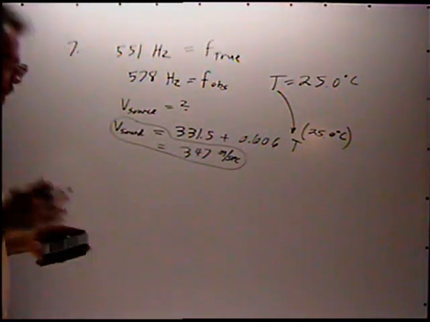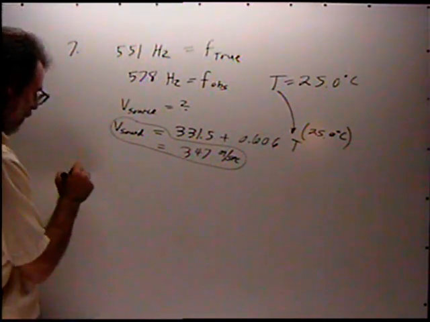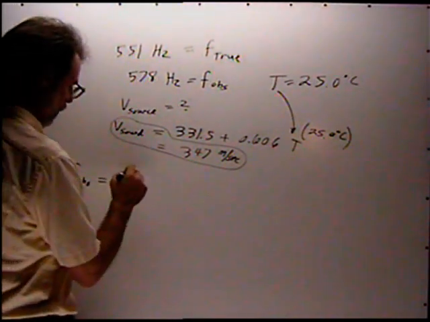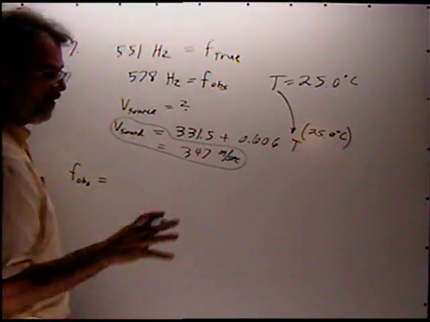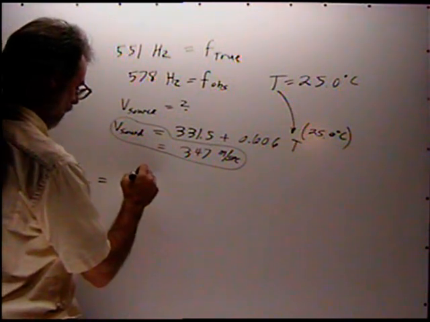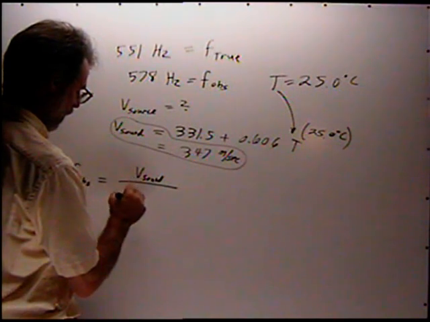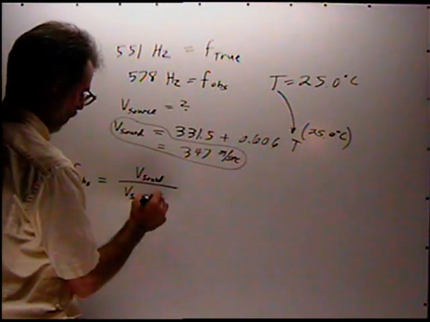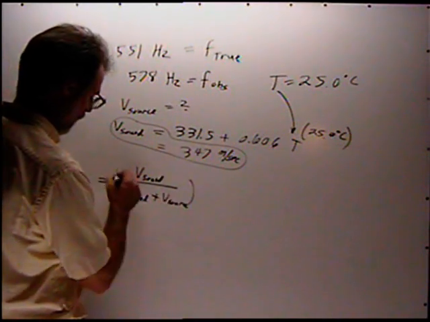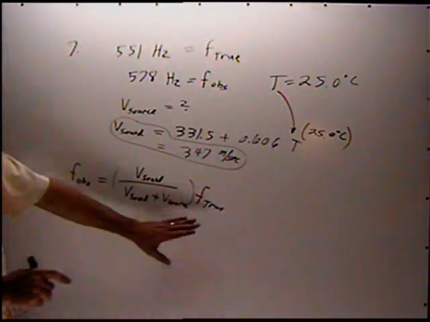Okay. Now what do we use? Well, we have to use the Doppler equation. The observed frequency is the ratio, in this case the observer speed is 0, so we simply have the velocity of the sound divided by the velocity of sound plus the velocity of the source, times the true frequency.